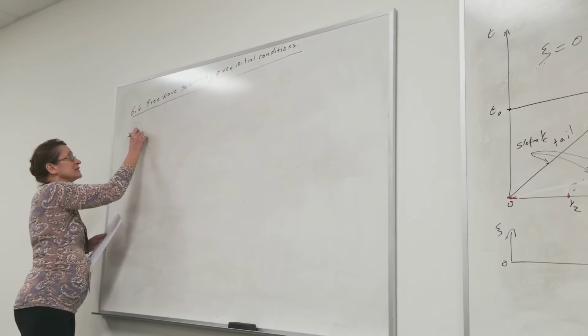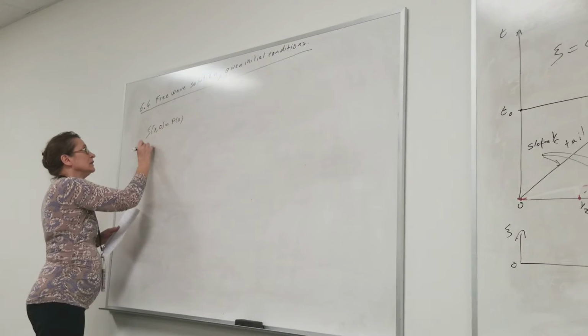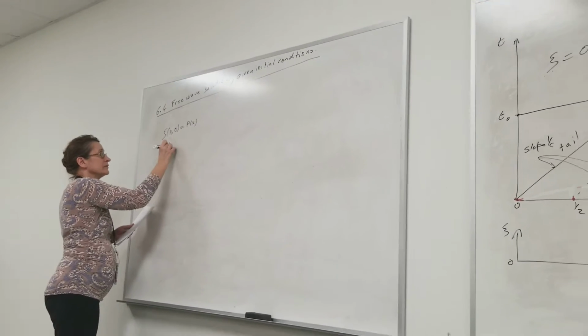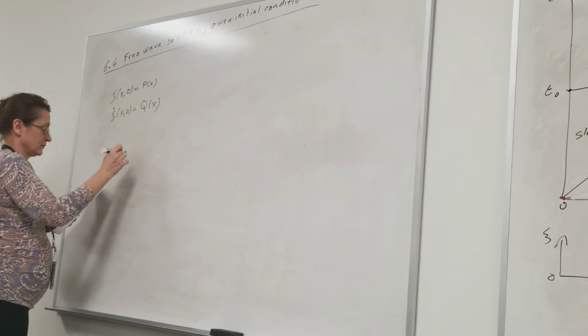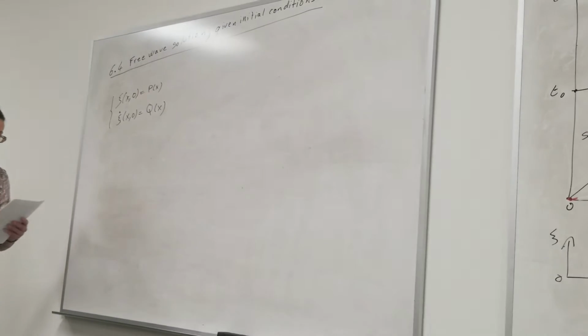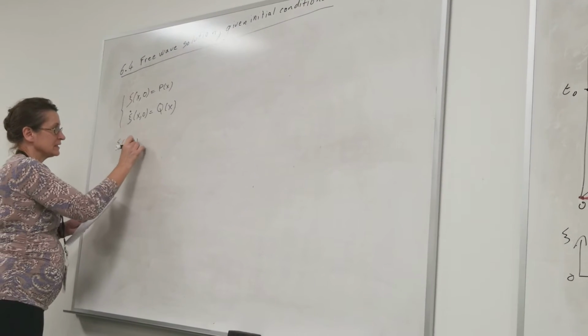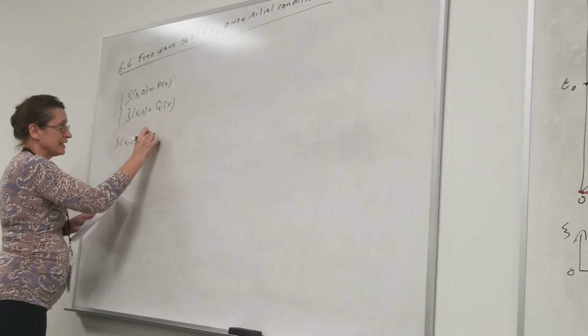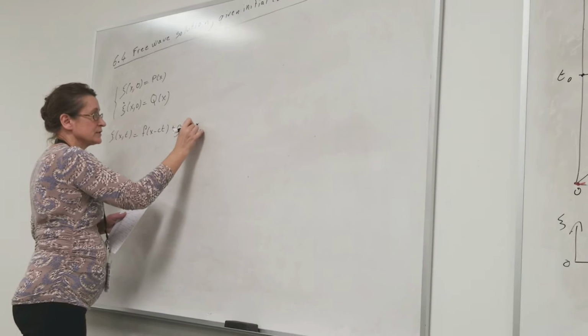So we've got zeta of x and 0 is some function p of x, and zeta dot of x and 0 is some function q of x. So there's our two initial conditions that we need to use to find out our zeta of x and t equals our function f of x minus ct plus g of x plus ct.